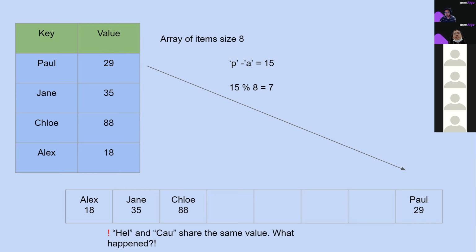However, the array of items size is only 8, so it's definitely not going to fit the array size. So what we need to do is take the modulo with the size of 8, and what we have will be 7. So we know that for the key Paul, we can point to index 7. Same thing with Jane, whose ASCII value we transform to index 2, Chloe to index 3, and Alex is going to be index 1.